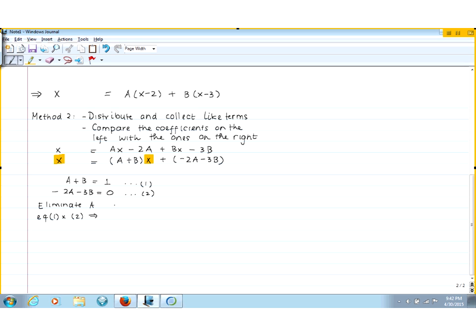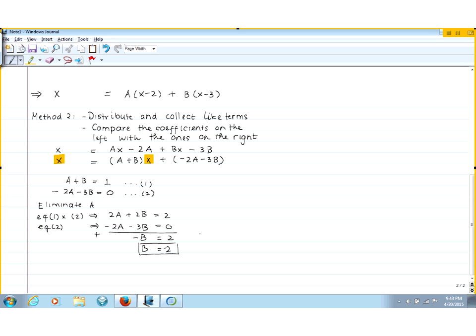So we have 2a plus 2b is equal to 2. Now equation 2, we will just copy. So negative 2a minus 3b is 0. So here we have negative b is equal to 2, so b is equal to 2.